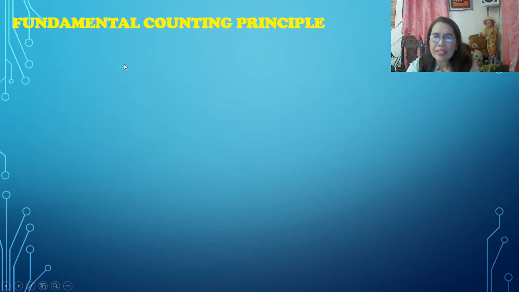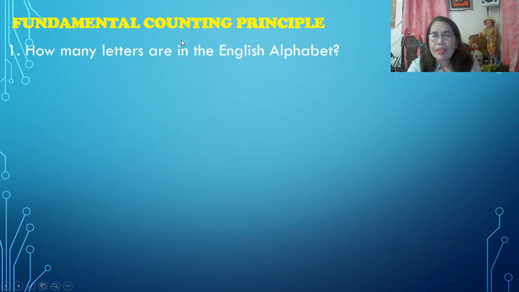Okay. Next, ito. So, yung fundamental counting principle that we discussed before, this will also be applied in solving permutation and combination problems. For example, how many letters are in the English alphabet? There are 26 letters.